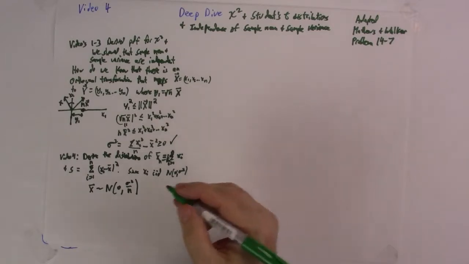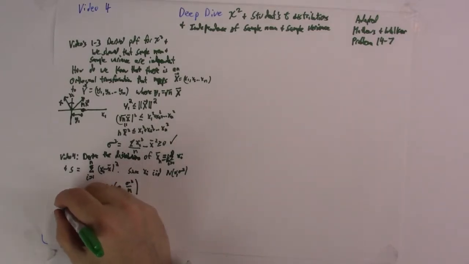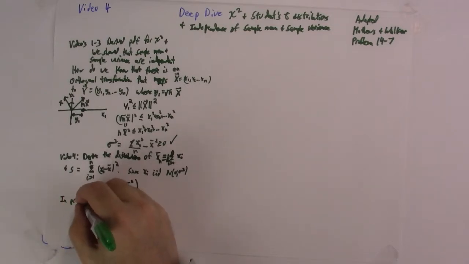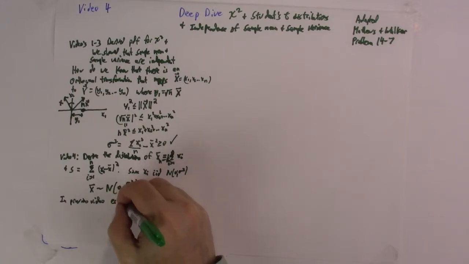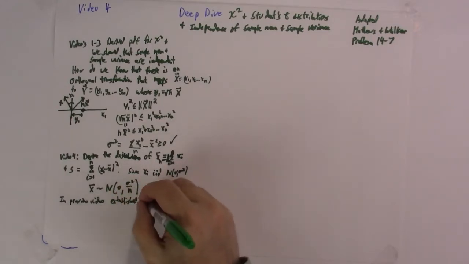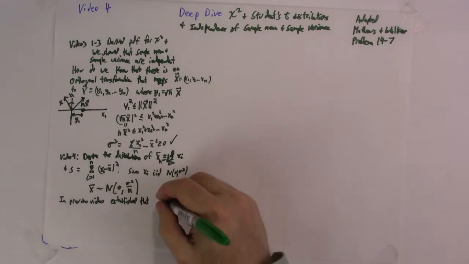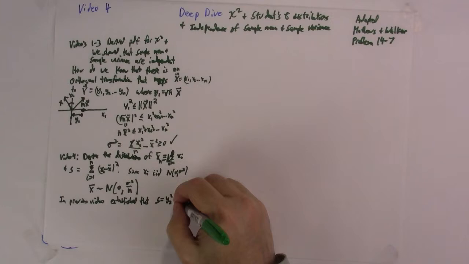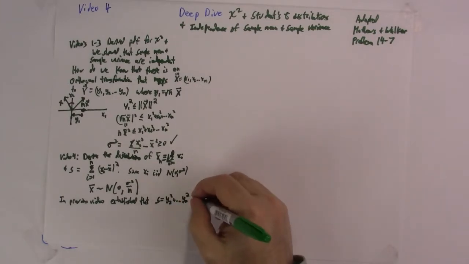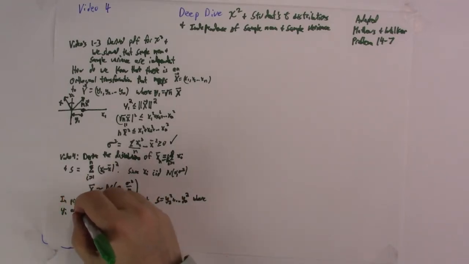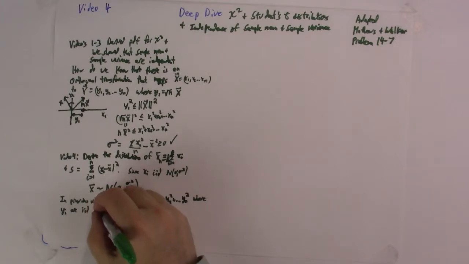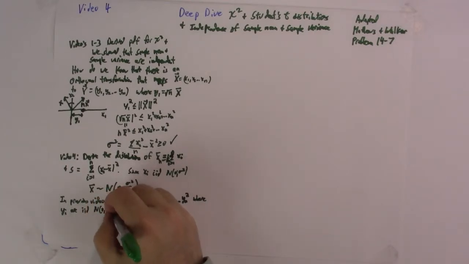Now, we also established in the previous video that we can write s as being equal to y2 squared plus dot dot dot yn squared, where the yi are iid normal 0, sigma squared.